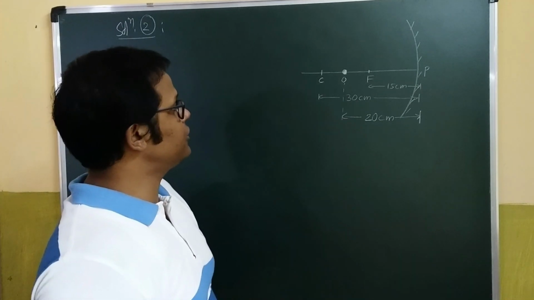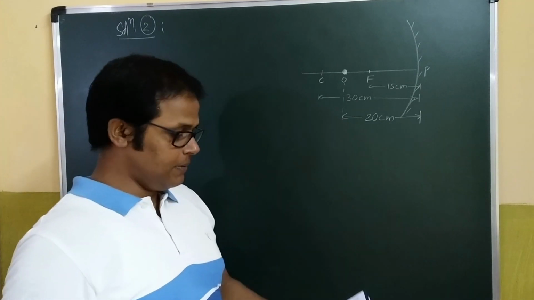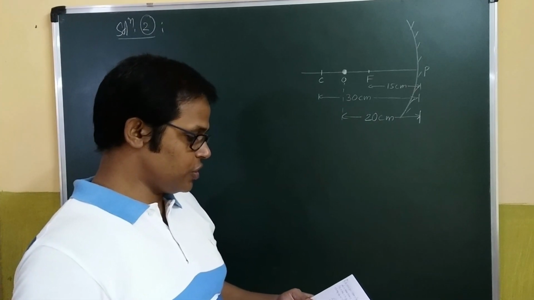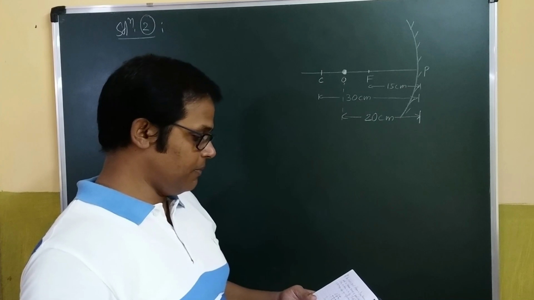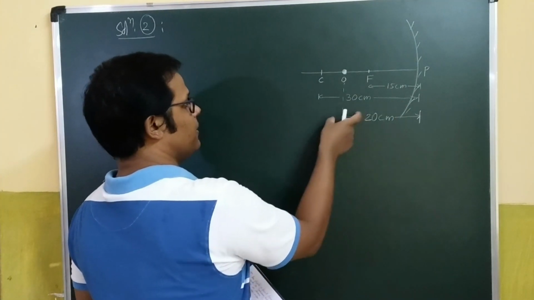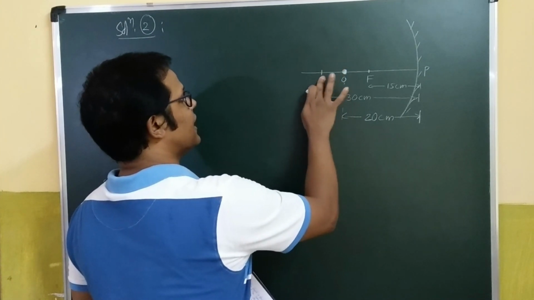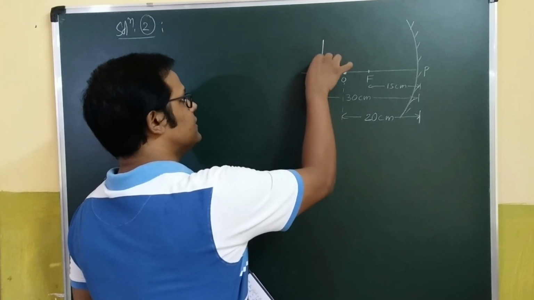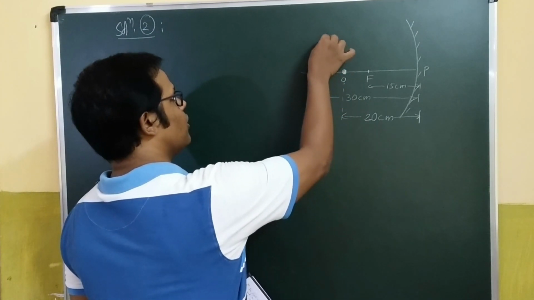So definitely the image is going to be formed beyond C, but you'll find that there is a plane mirror also in the question. Where is the plane mirror? The plane mirror is shown to be 10 centimeters away. 10 centimeters means 20 plus 10, 30. Oh, exactly. The plane mirror is placed exactly at the center of curvature.